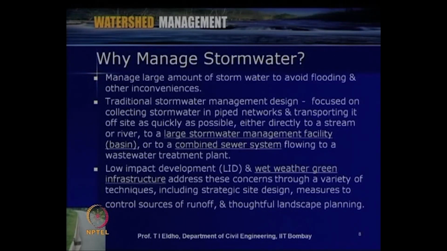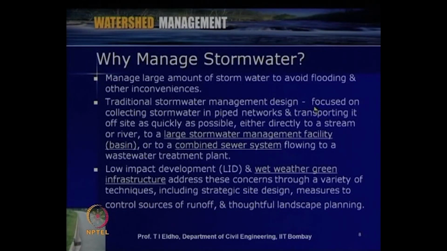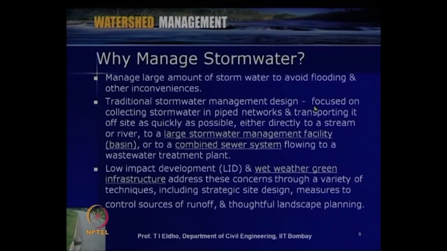And then, in traditional stormwater management design, the general trend was to focus on collecting the entire stormwater in piped networks like stormwater pipes, and then transport this stormwater off-site as quickly as possible.